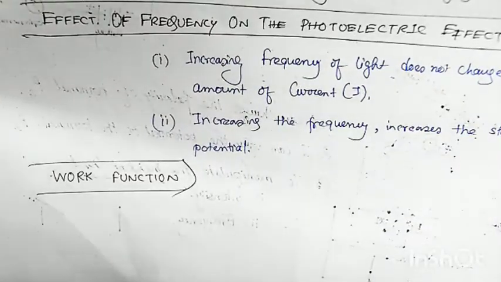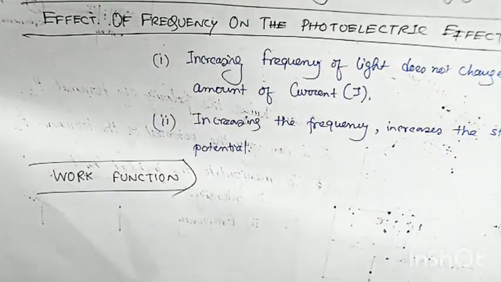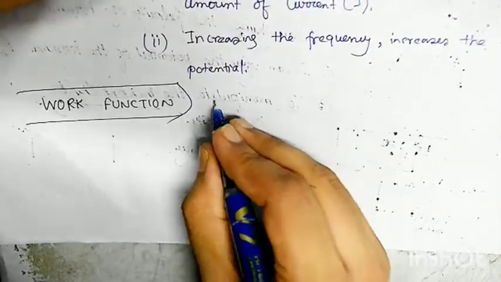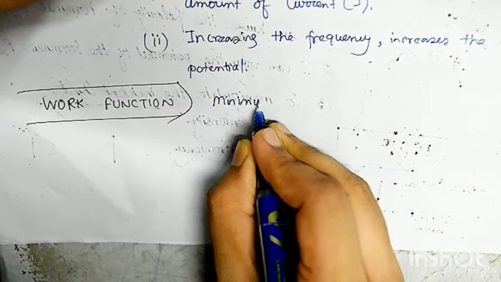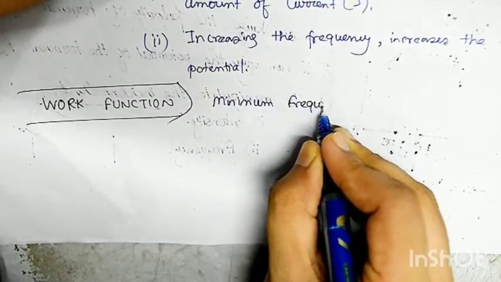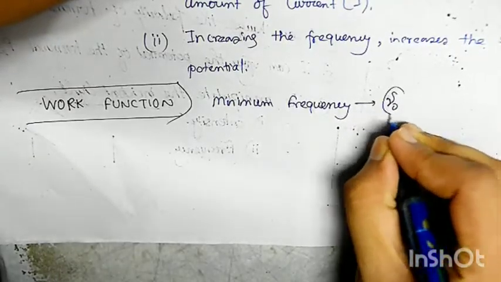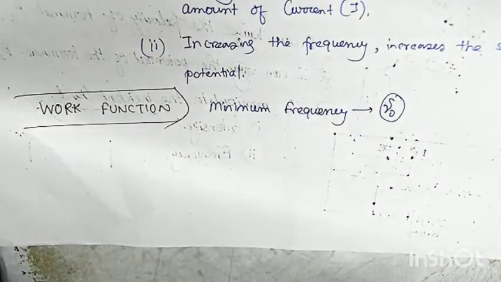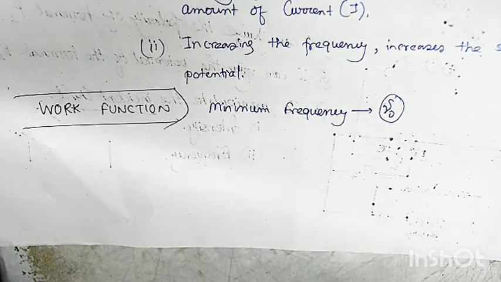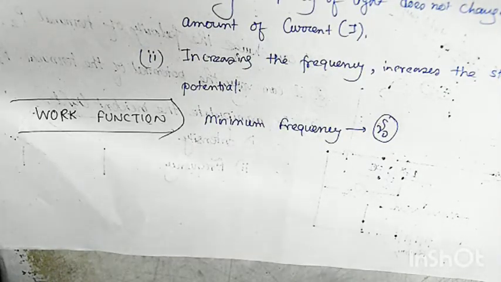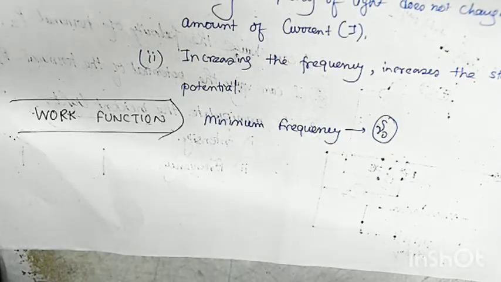Scientists found out that a minimum frequency of incident radiation is required. A minimum frequency. It was marked as nu0. This minimum frequency was marked for each and every sample: below a certain frequency, if incident light appears on the surface, it does not show any kind of photoelectric effect.